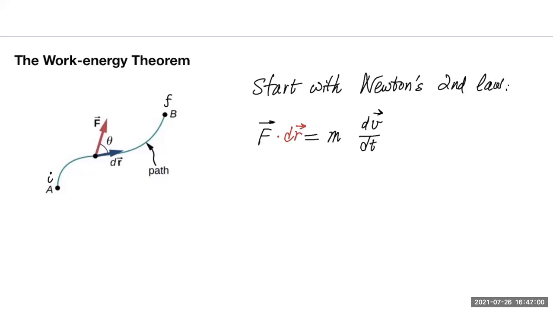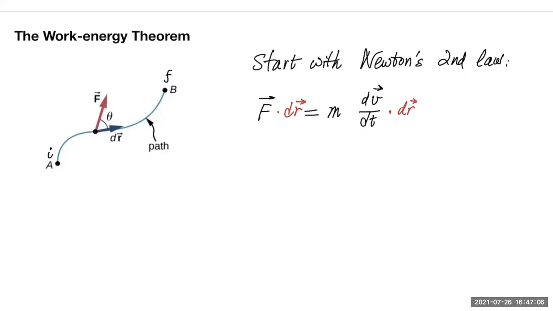So F dot dr equals m dv over dt dot dr, right? That certainly works. Now, I'm going to rewrite the right-hand side a little bit. Instead of dv over dt, then dot dr, I can do that as dv dot dr over dt. That is, I'm going to move dt from beneath dv to beneath dr. That doesn't make any difference.